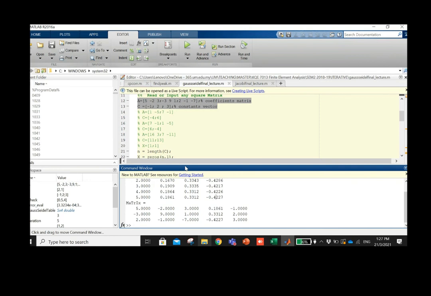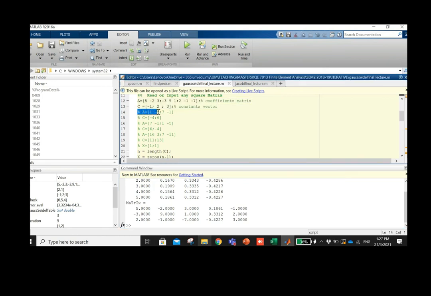Again, if you have a matrix that is not strictly diagonally dominant, like you have seen here, let me show you. Jacobi is also the same.